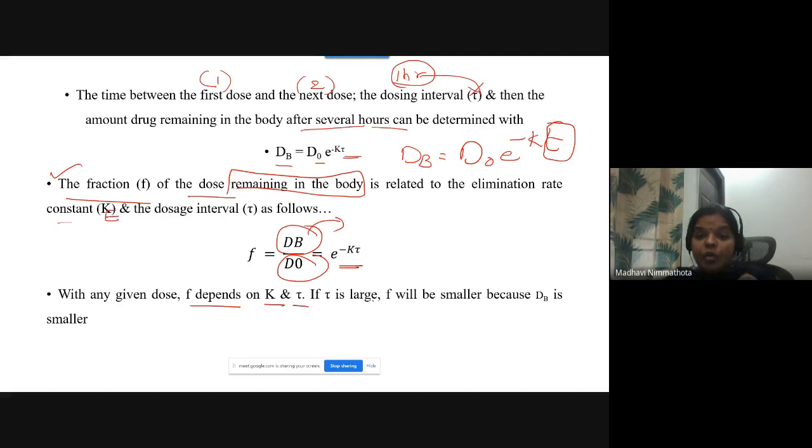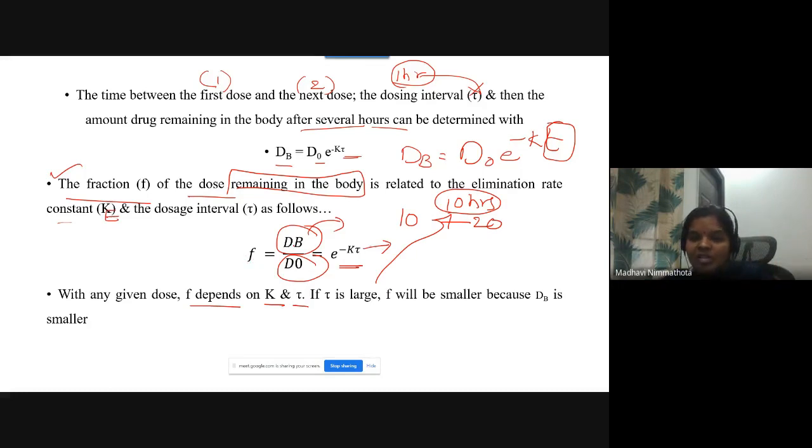If tau is large, that is if the dosing interval is large, f will be small because D of B is also small. For example, with doses at the 10th hour and the 20th hour, we have a 10 hour difference. This is our dosing interval, which is large. Then your f will be small.